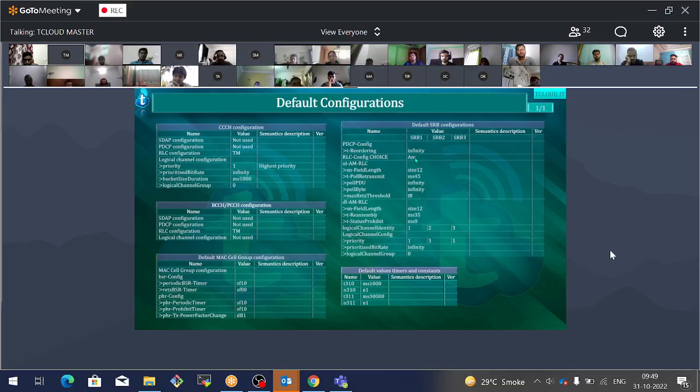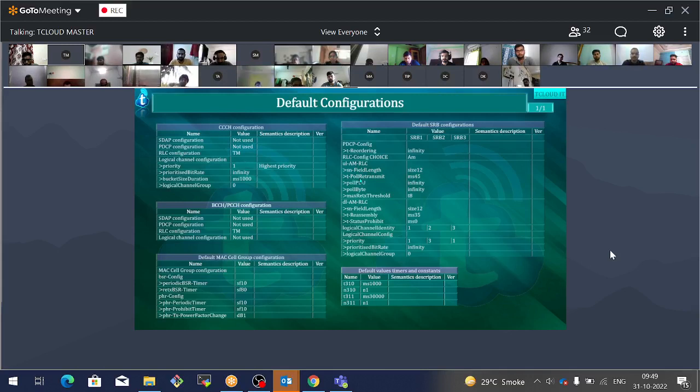RLC is going to operate in AM mode for all these three SRBs. And uplink AM RLC related configuration from the mobile side. What is the SN field length? 12 bits. Actually, we have two different sizes of SN field length in AM, so we are choosing it to be 12 bit, the default value.